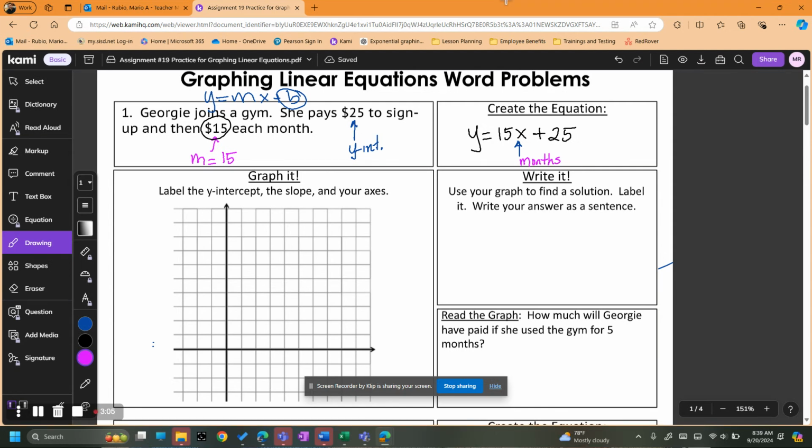We can substitute any number in here for x, and that's going to give us an answer to how much our total cost is. So if x is the number of months, then y must be what? Y has to be the total spent or total cost.